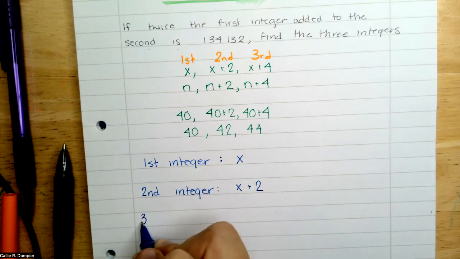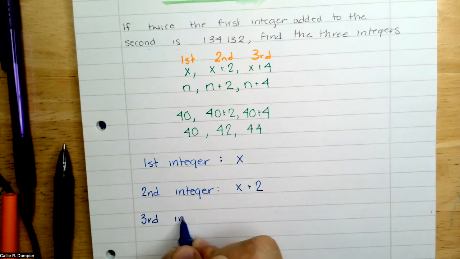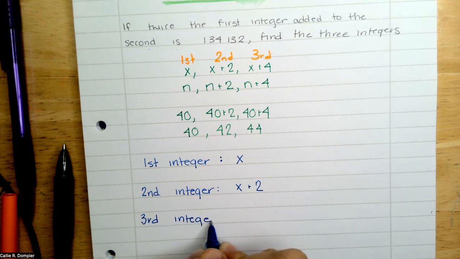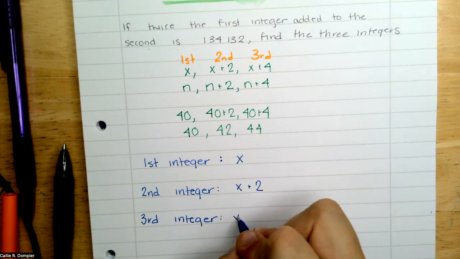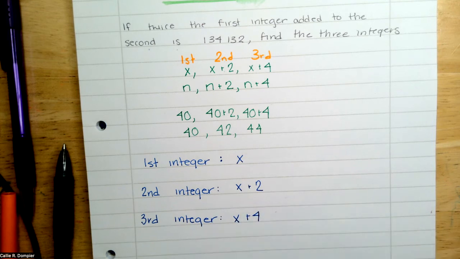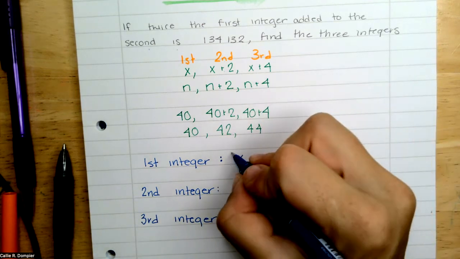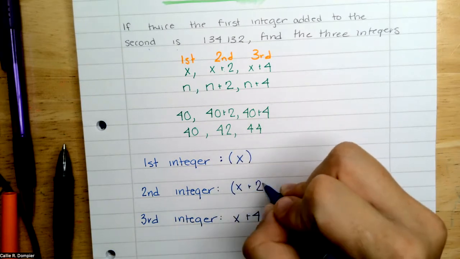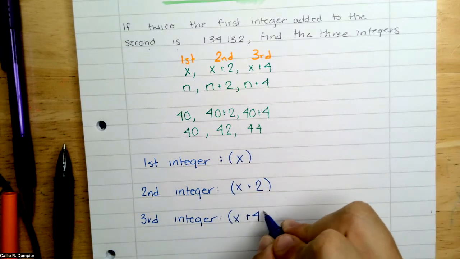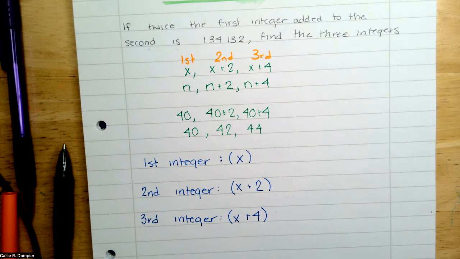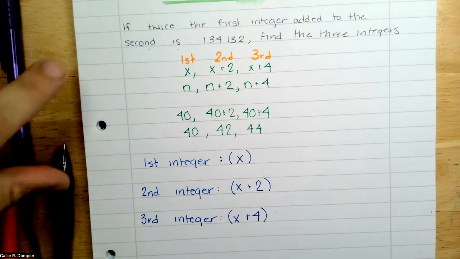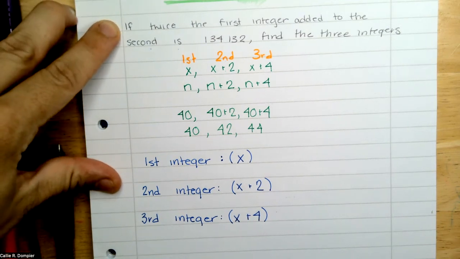Good? So my third integer is x plus 4. So that is what we are using. You can even put parentheses around them. This is what we're using anytime they're talking about the first integer, the second integer, and the third integer, right? Now let's read what they ask us to do with those integers.